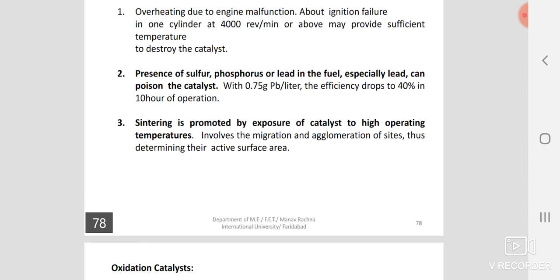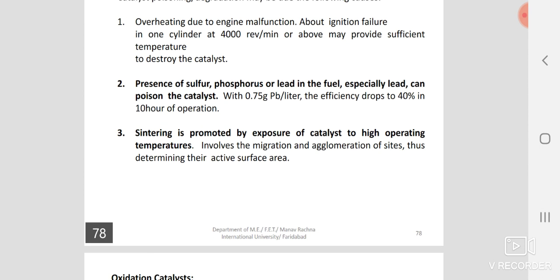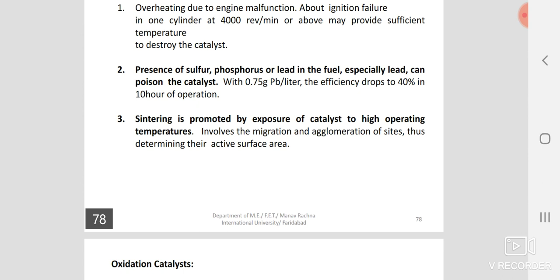In case of hydrocarbon and carbon monoxide passing through it, the efficiency drops to 40% in 10 hours of operation. Efficiency drops to 40% when there is more lead content in the fuel. The efficiency drops to a larger extent, and drops more in case of more lead, because the efficiency decreases continuously.